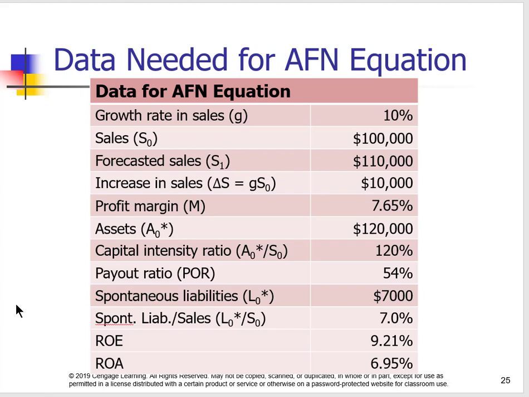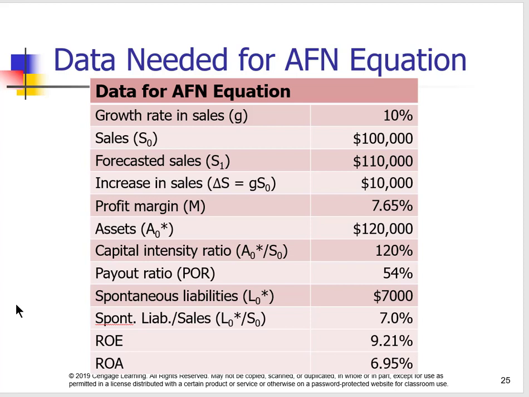Here we have our data. 10% sales growth, current sales are 100,000, so forecasted sales would be 110,000. Of course, that's a 10,000 increase in sales. That's the change in sales. Profit margin 7.65%. Current assets are 120,000.